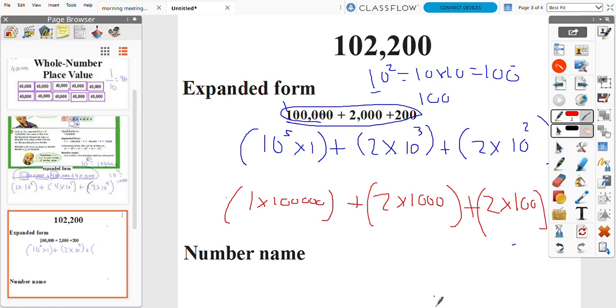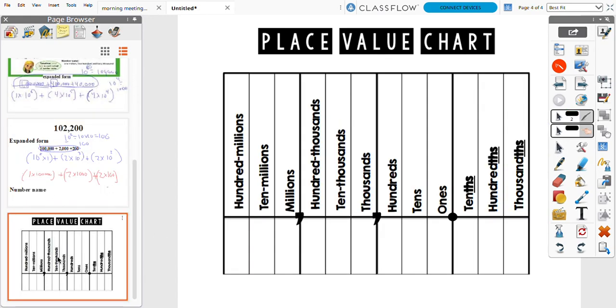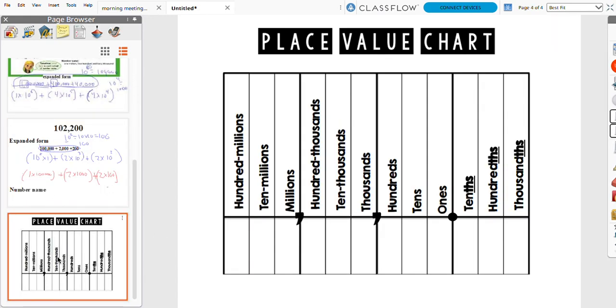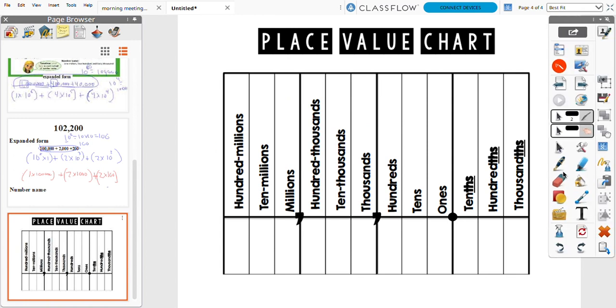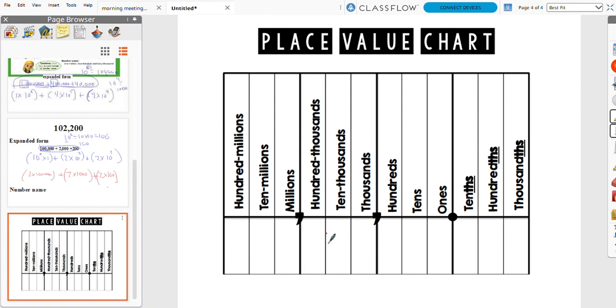We're not going to worry about number names now, but what I want you to know about number names is if you have a hard time writing the number names, use the place value chart. So let's look at that. 102,200, right? These lines here are called the periods.